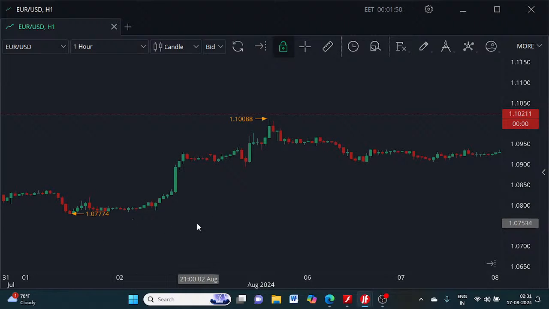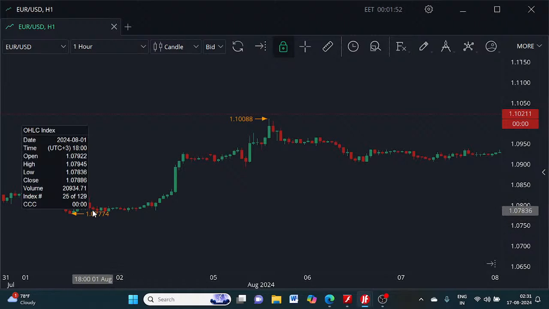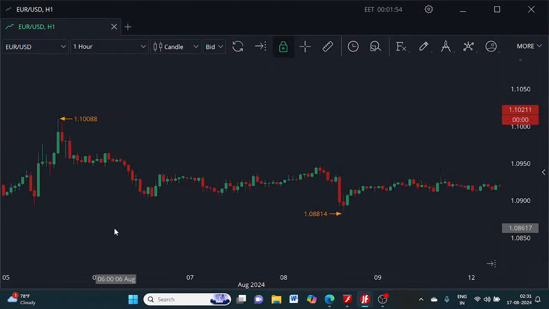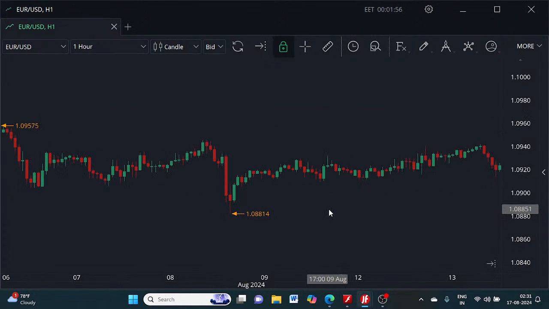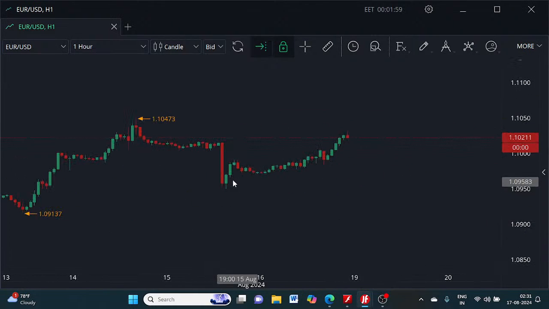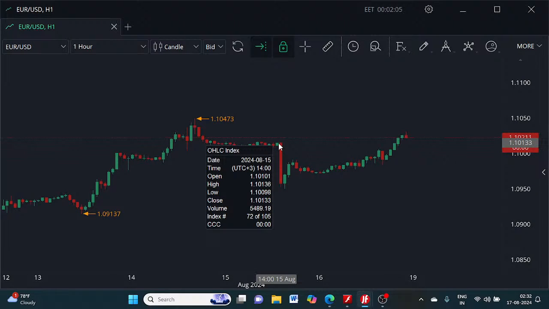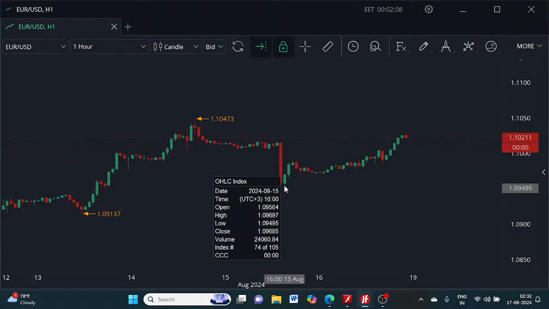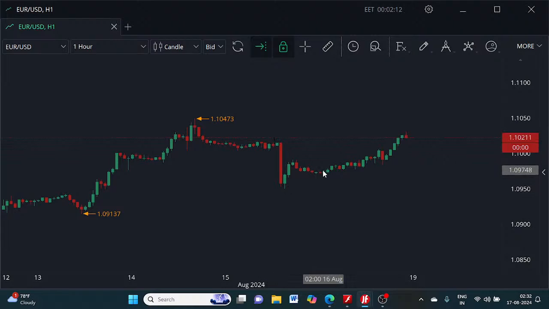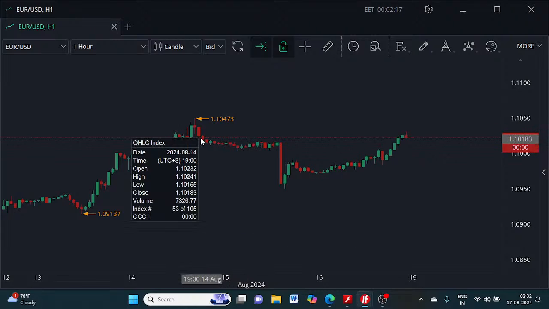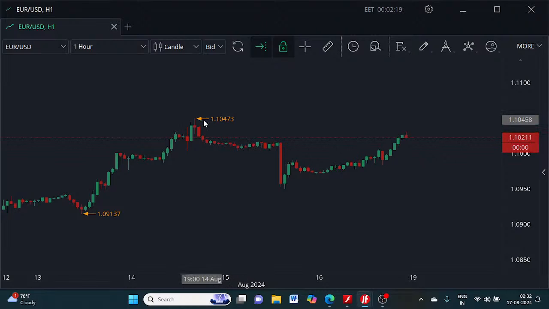In the first week of this month, it gained ground and got close to the 1.1 mark. In the last session, on the 15th August, we saw a sharp decline from 1.1 to 1.095, but after finding support, it has again bounced back and is now trading not very far from the recent swing high touched at 1.1.